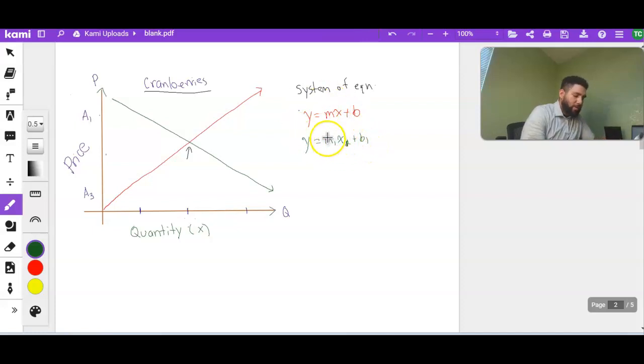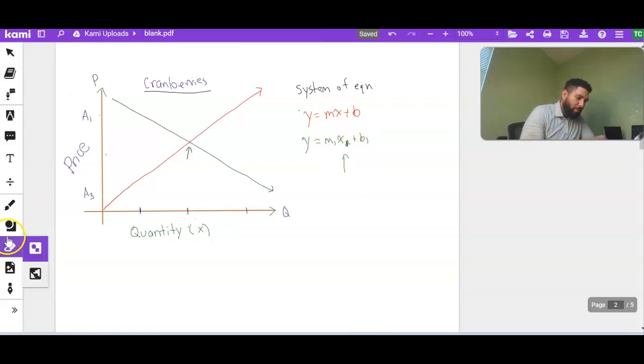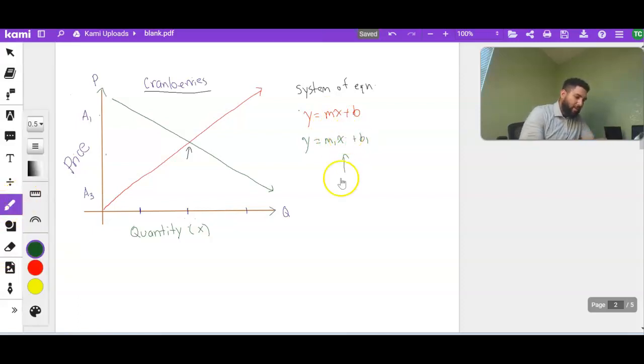They're different equations, but the cool thing about this is you could actually solve for the x coordinate, the input, the quantity that gives you the same price. Okay, when you have 2 functions that intersect, you could actually solve for the coordinates of where that intersection happens. But the cool part is actually interpreting that intersection. But what does that mean?